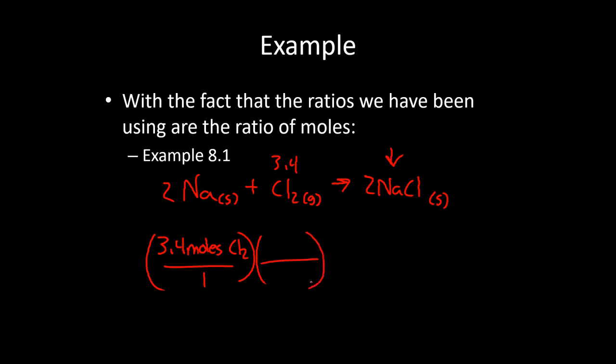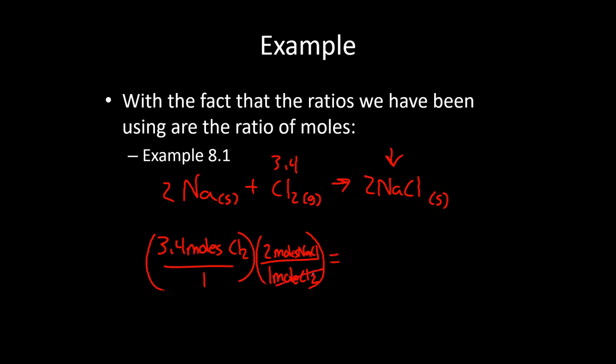Alright, so what we're going to use here is the ratio between the two things that we're concerned with. The balanced chemical equation, and it does need to be balanced, tells us that for every 1 mole of Cl2, we will make 2 moles of sodium chloride.